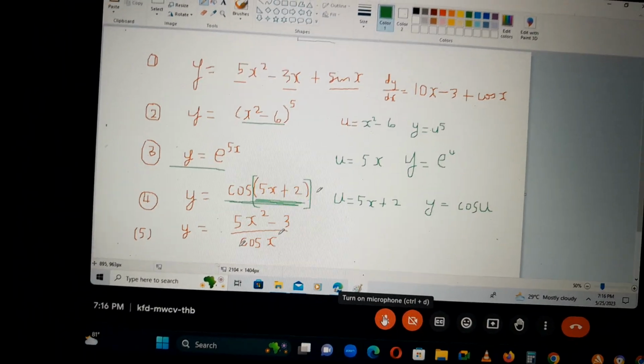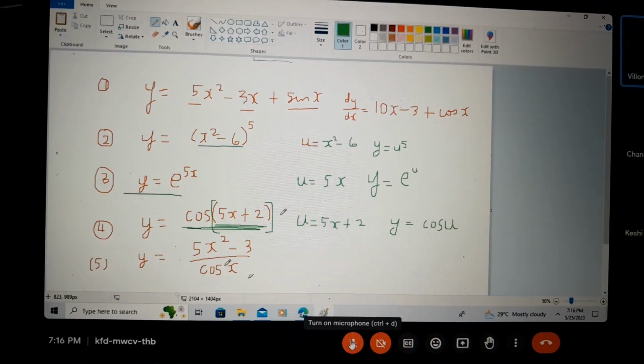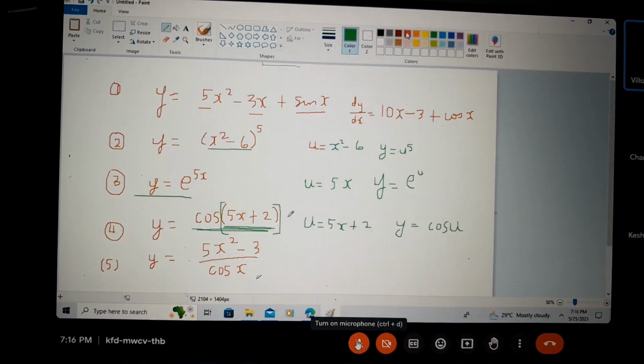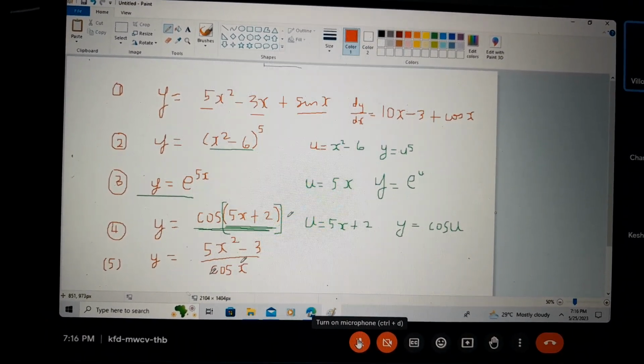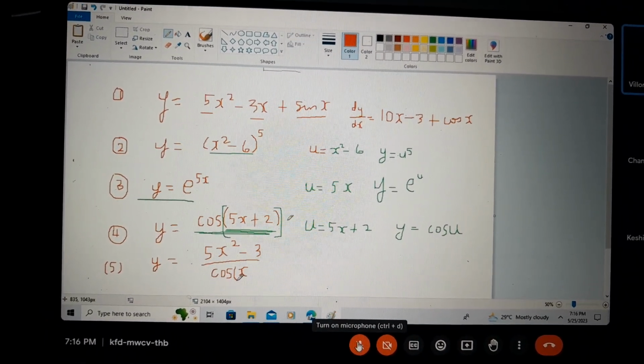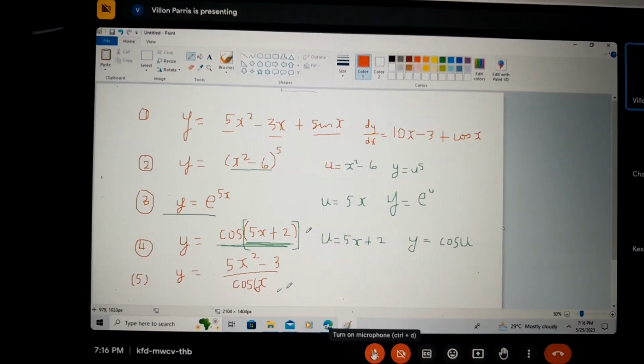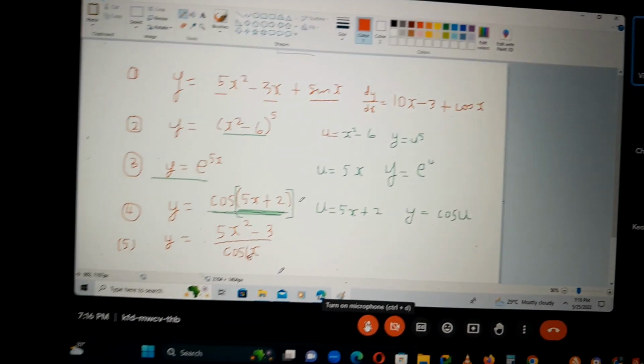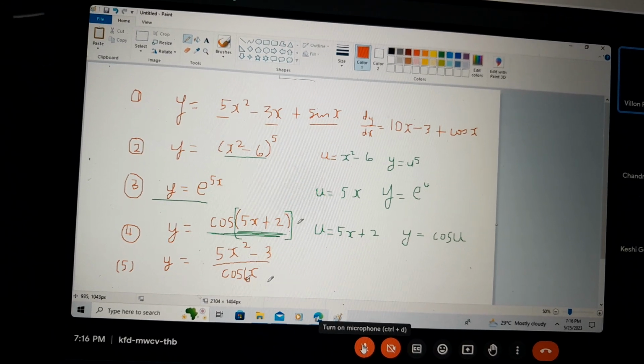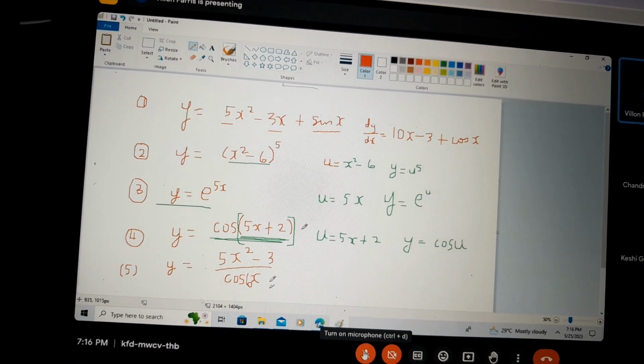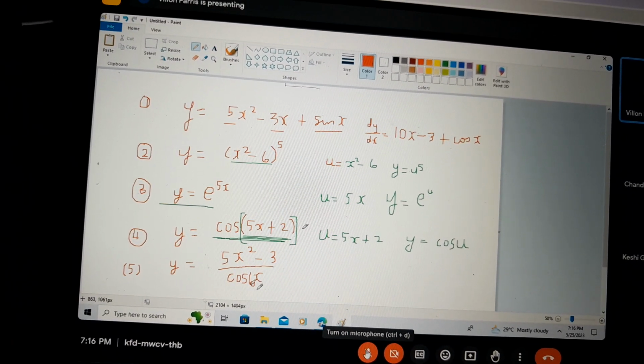No, sir. So what about if it was cos 6x at the bottom? Would we have to employ the chain rule at some point?